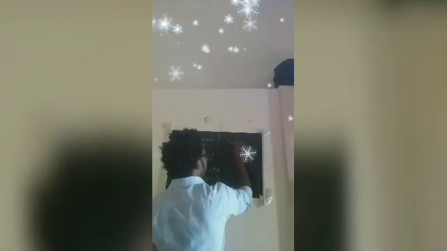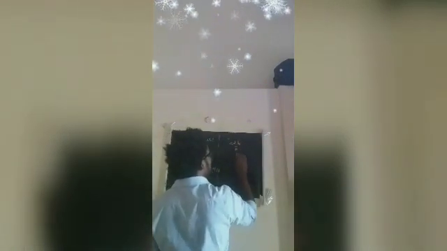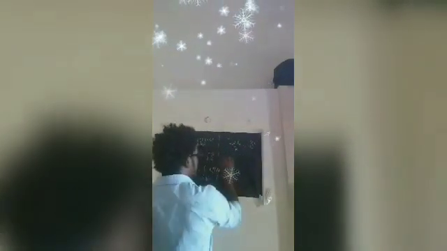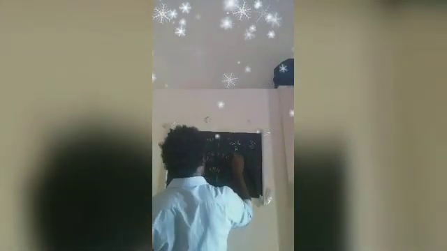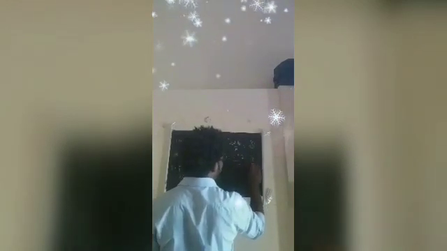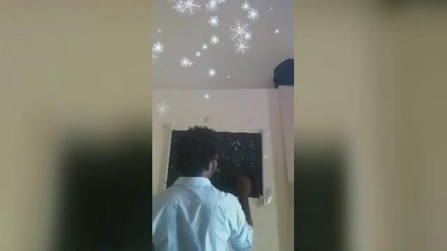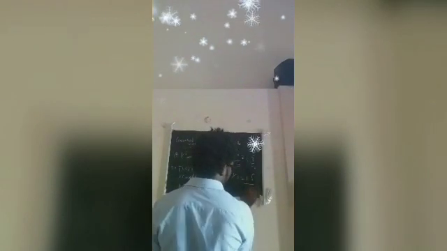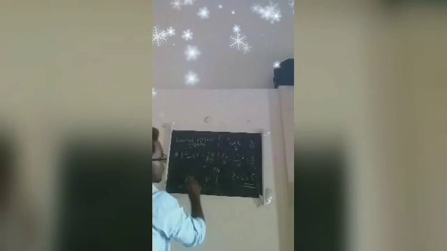Then a plus b over 2 gives x naught. So x naught is equal to 1 plus 2 over 2, which is 3 over 2, so x naught is equal to 1.5. This is our initial approximation point. Are you following?